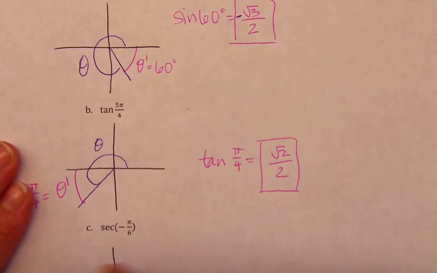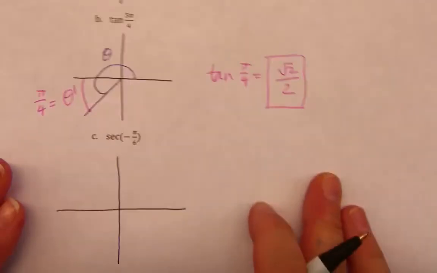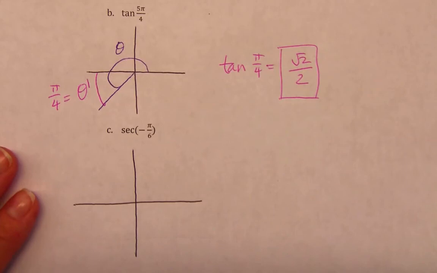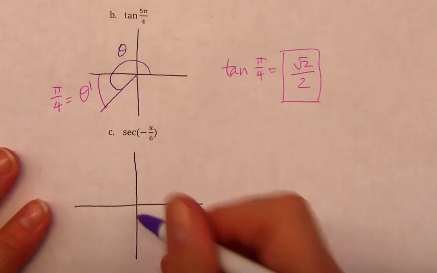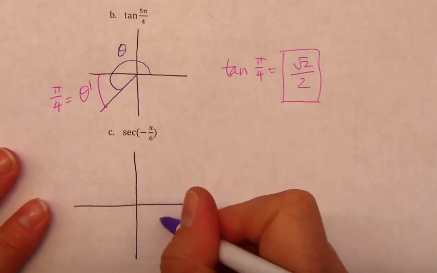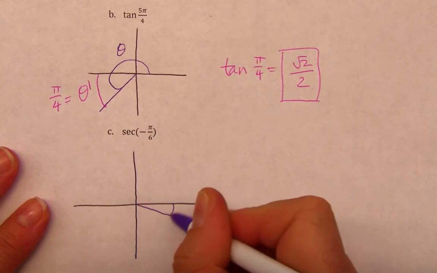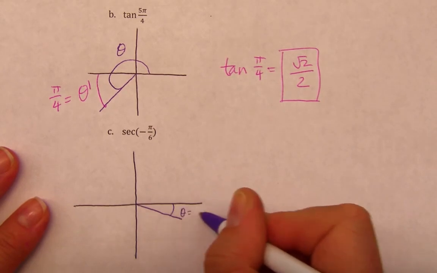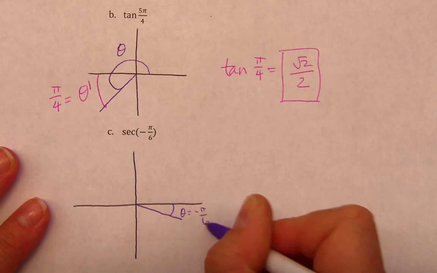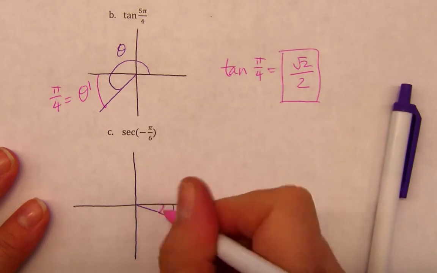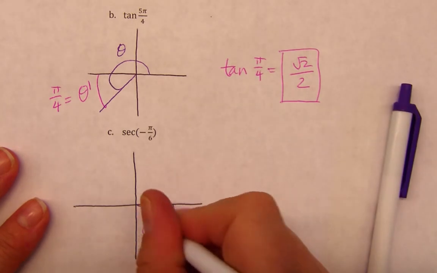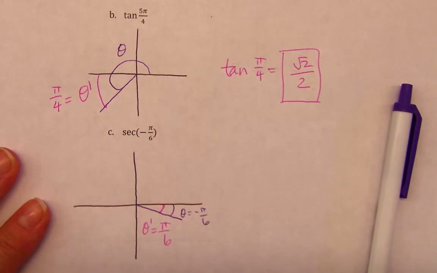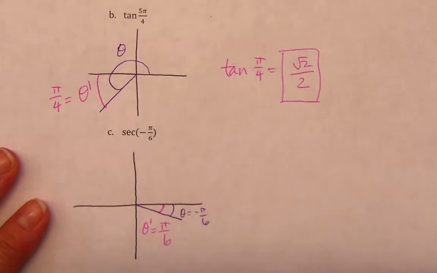In our last example, we have secant of negative pi over 6. Okay, so negative pi over 6 is going in the negative direction, pi over 6. And our reference angle is actually going to be the same, just positive. Okay, so I can evaluate secant of pi over 6.